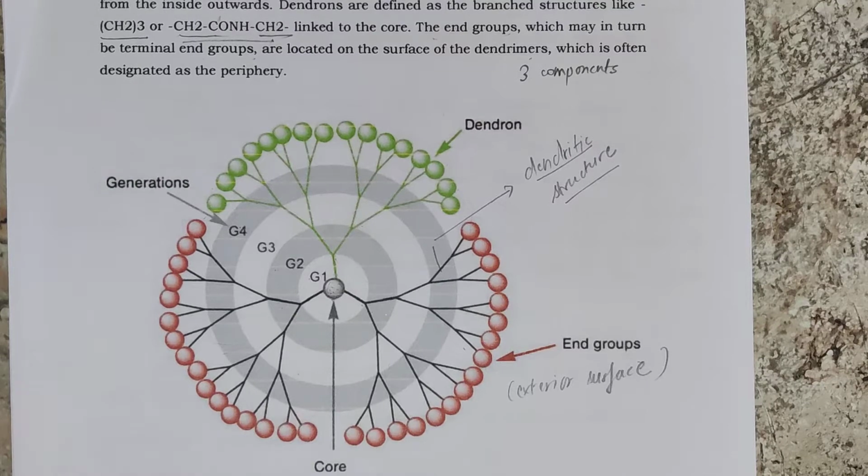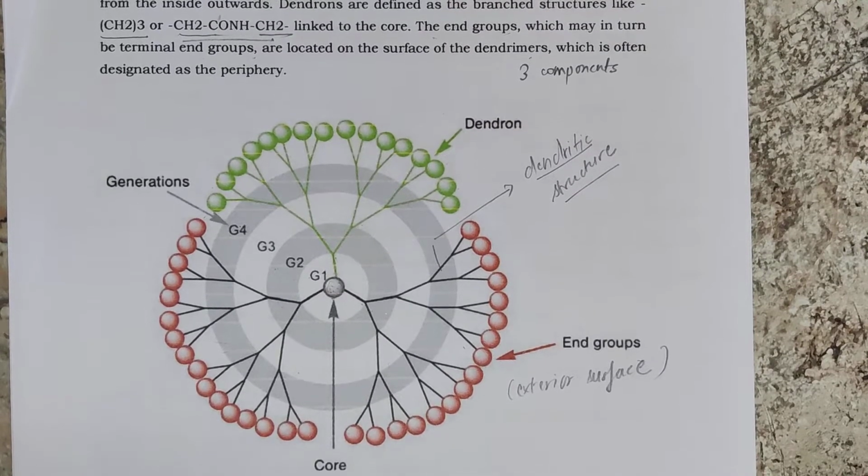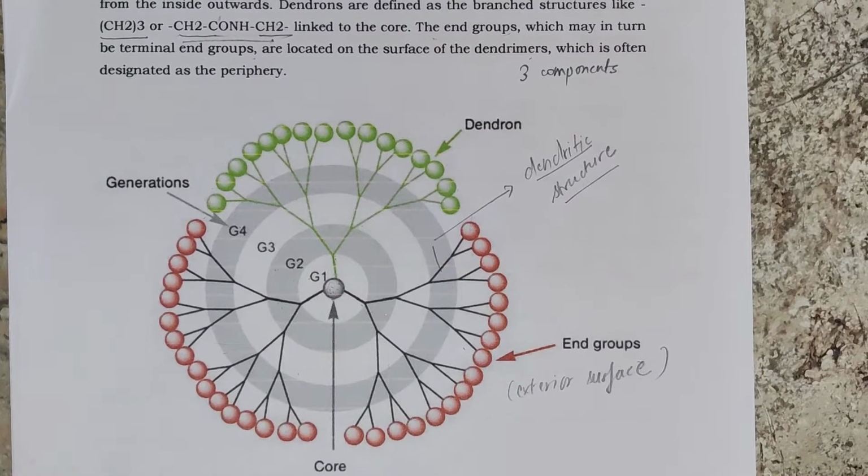Very first, it should be non-toxic. It should pass your blood barriers so that it reaches its destination. Third, it should properly accommodate your medication. Fourth, it should release that particular medication once it reaches its destination.